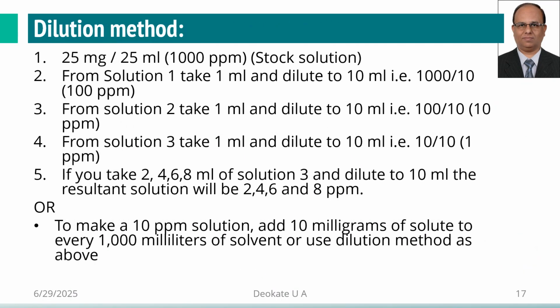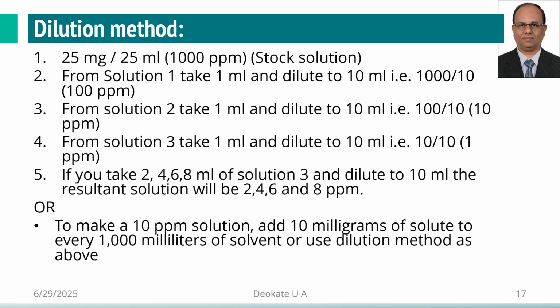We also face the question of how to prepare ppm solutions, a series of ppm solutions. What is ppm? 1 milligram per liter, or 1 microgram per ml, solution is known as 1 ppm. It means if you want to make a 10 ppm solution, add 10 milligrams of the solute to 1 liter, that is 1000 milliliters, of the solvent, or use the dilution method as above.